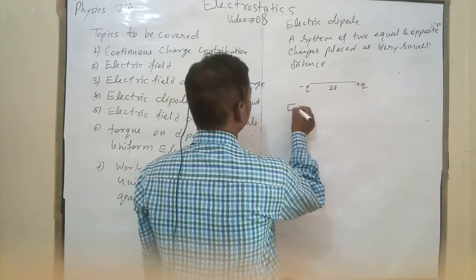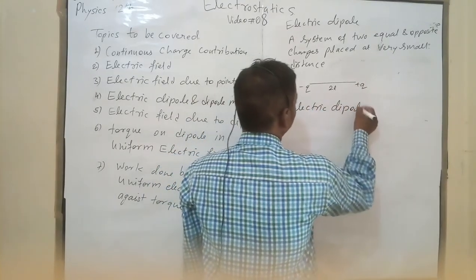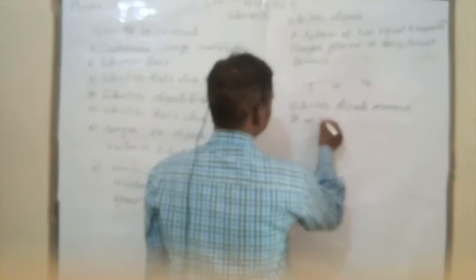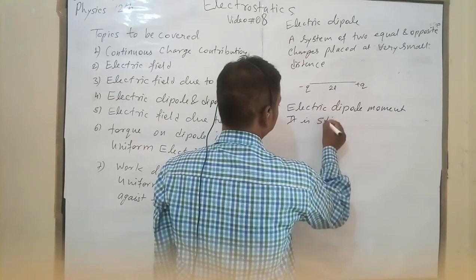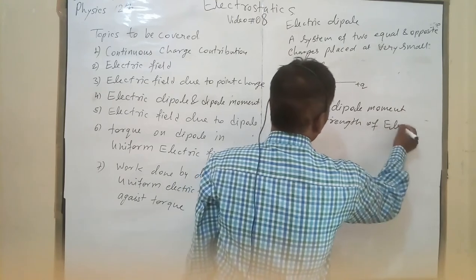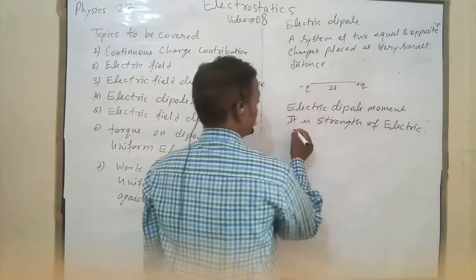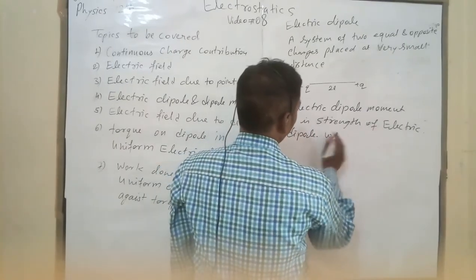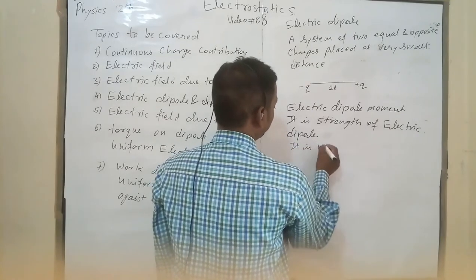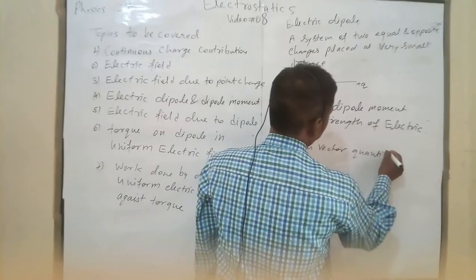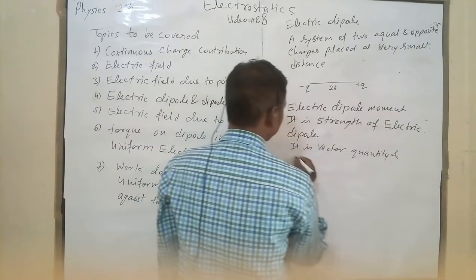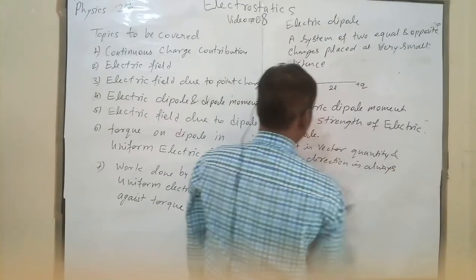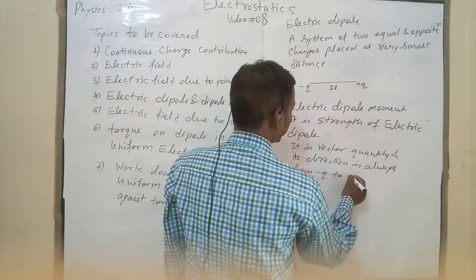Let's see what is the electric dipole moment. Electric dipole moment is the strength of an electric dipole, and it is a vector quantity, and its direction is always from minus q to plus q.